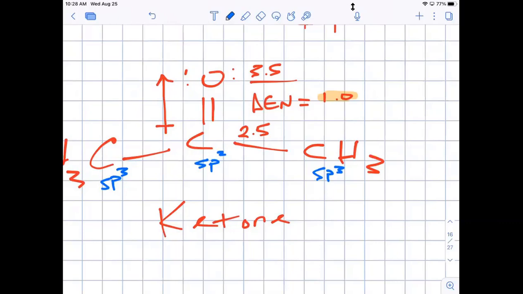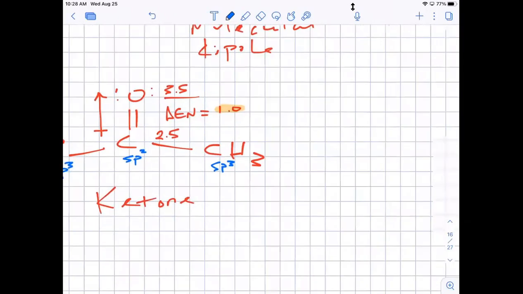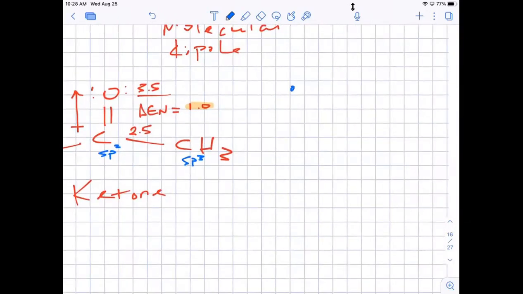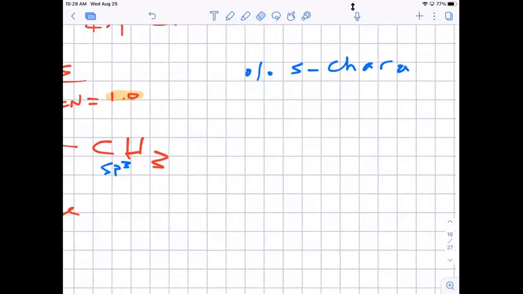Tell me more about what you mean by that. As the S increases, I think the percentage, I forget what the percentage is for each hybridization. Yep. It's S character, right? Is that what you're getting at? The percent S character? Yes.